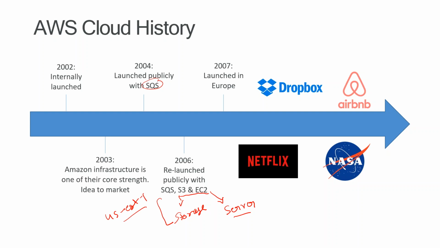What does SQS stand for? SQS is a simple queue service. It is sending messages between applications. For example, there are multiple components of your application and they are talking to each other. If I take the help of an e-commerce application, you purchase something, then you add those items to the cart.